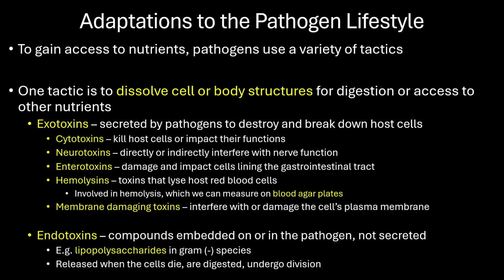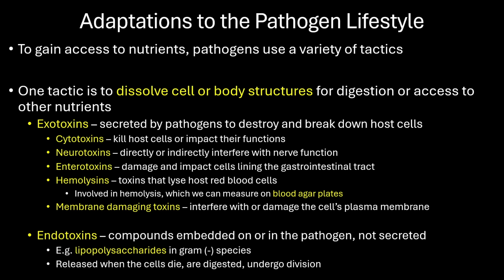They leave the pathogen's cell and are released into the environment to directly attack or destroy or otherwise break down host cells. There's a variety of types. You could have cytotoxins that will kill host cells or otherwise impact their functions. You could have neurotoxins that directly or indirectly interfere with the function of your neurons. You could have enterotoxins that damage or impact the cells that line your gastrointestinal tract.